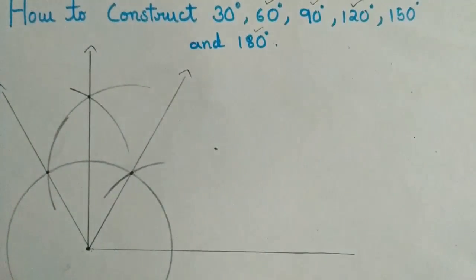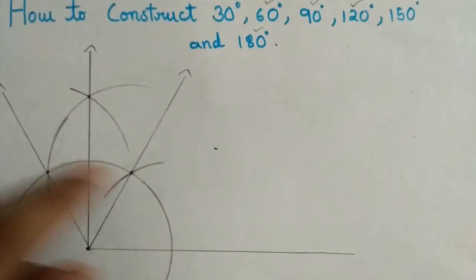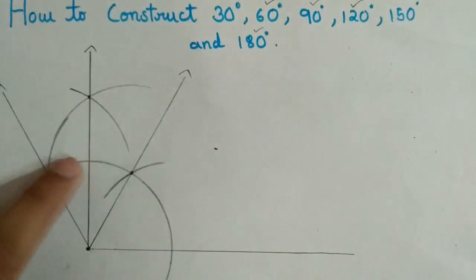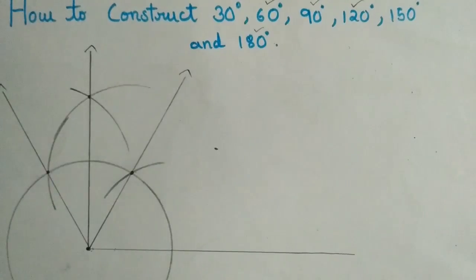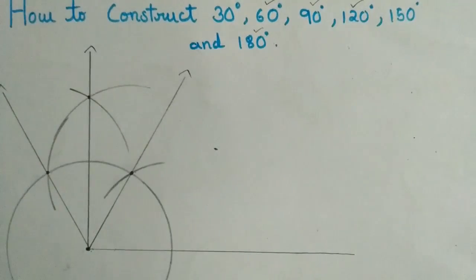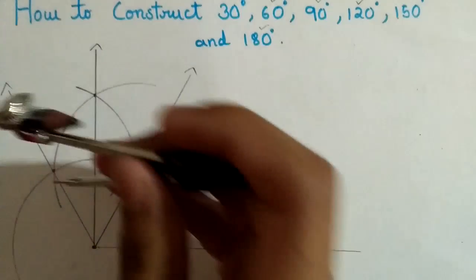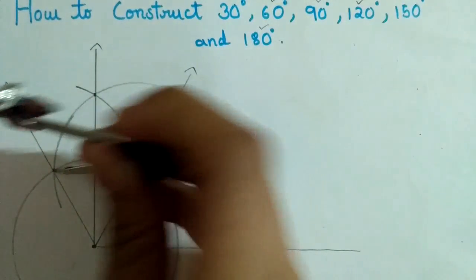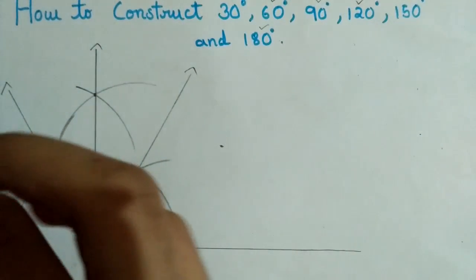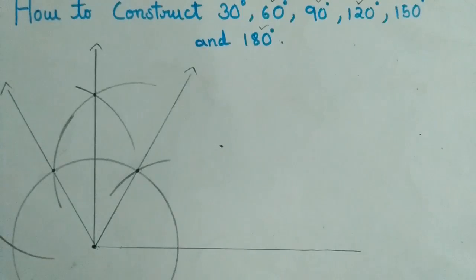And now 180 degree. So friends, I have not taken these two more than half and taken it perfectly, because I can construct 180 degree. 60 into 2 is 120 and 60 into 3 is 180. So now from here, the same 60-degree angle I will cut here, that is the 180 degree.